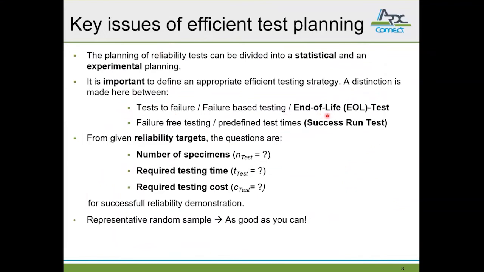This means we are forcing failures, so we test every unit or a certain amount of units or specimens till they fail. The other option is the so-called, in Germany we call it success run testing. I think in English-speaking countries it's more like zero failure testing. So no failures at all. We want to test to a certain lifetime and then make a reliability demonstration.